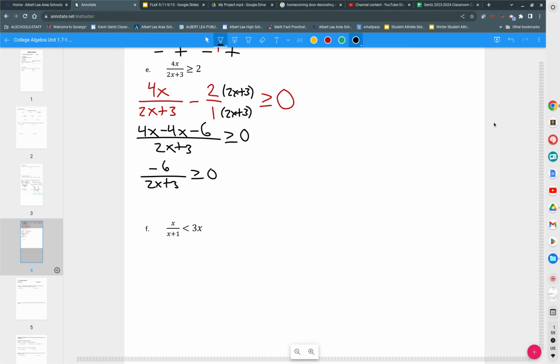Now, I would encourage you to always make it so that you have a positive up there instead of a negative. So I will multiply by a negative 1, and I will get 6 over 2x plus 3, and that's less than or equal to 0.